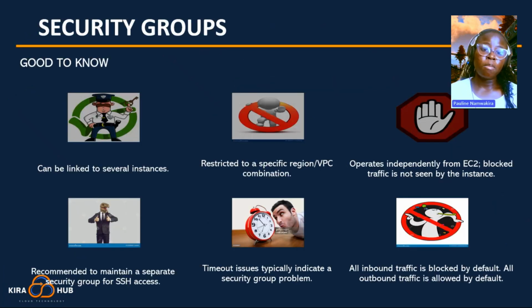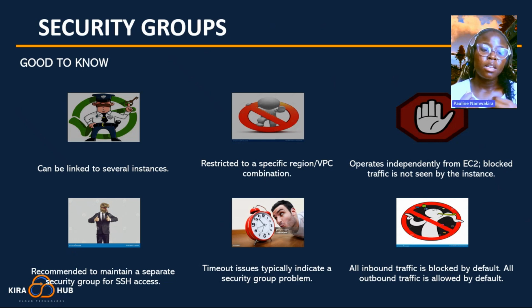So it's good to know about security groups. Again, an overview. We can link the same security group to multiple instances. A security group is restricted to a specific VPC, and it operates independently from the EC2. So the security group, as our guard, will block traffic, and that traffic will not be seen by the instance.